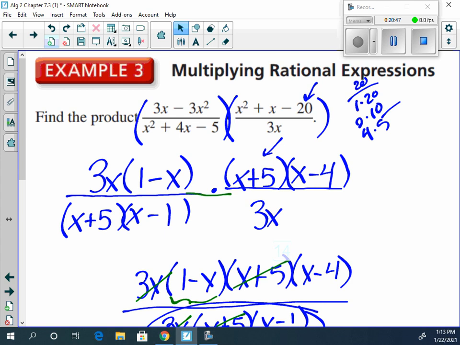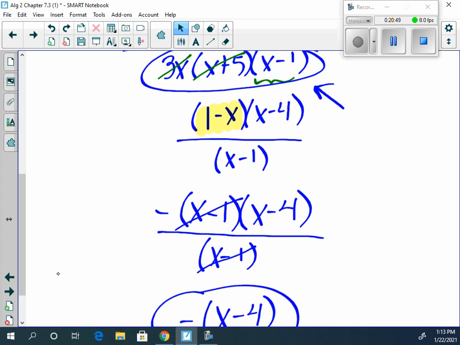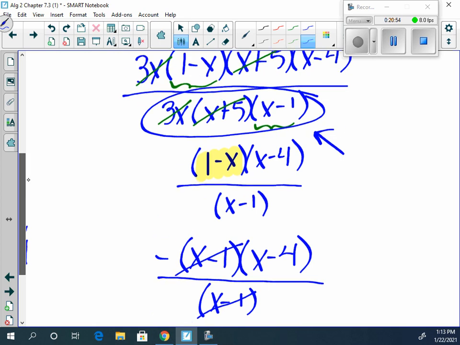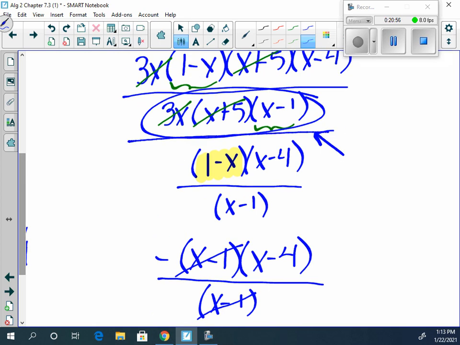So here, when we look at the restrictions, what's going to make the denominator 0 are these three here. Are any of these three left? Well, no, all of them simplified out, didn't they? So that means I'm going to list all three.